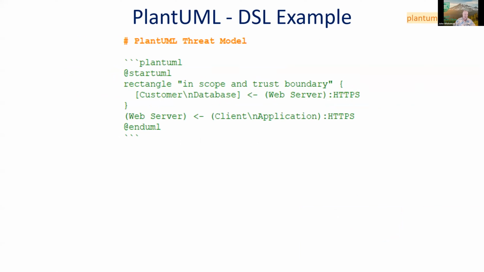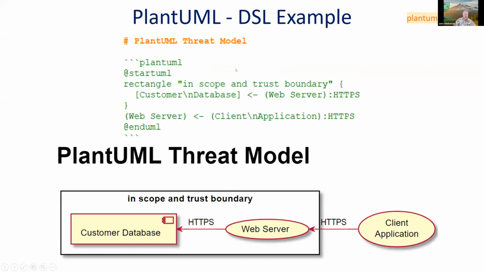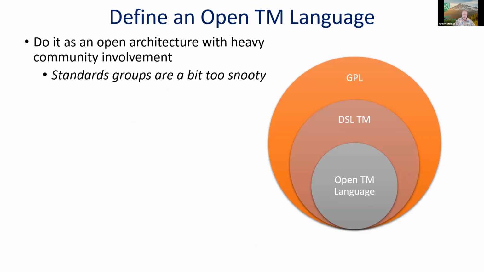It's domain specific, but it's based on UML. With just a few lines of code, we can define an equivalent threat model, at least the diagrams. Obviously, we'd have to put more information in here, but we like that now we have some syntax and some structure, though it's not quite what we want yet. But at least we have something that we don't necessarily need a full-blown tool to do things with.